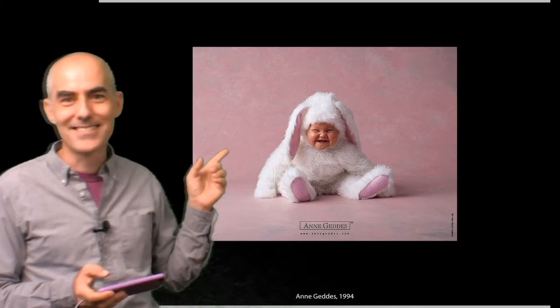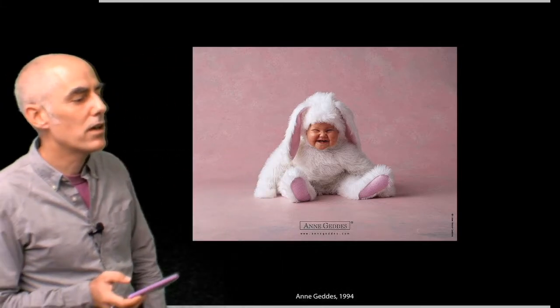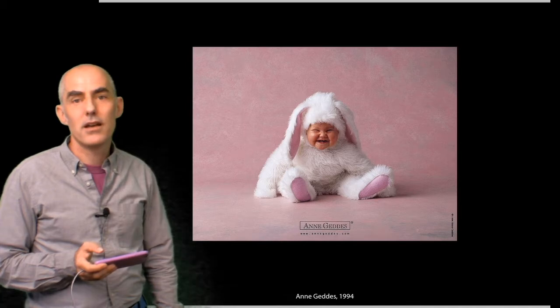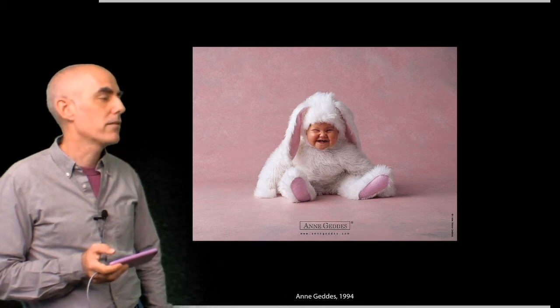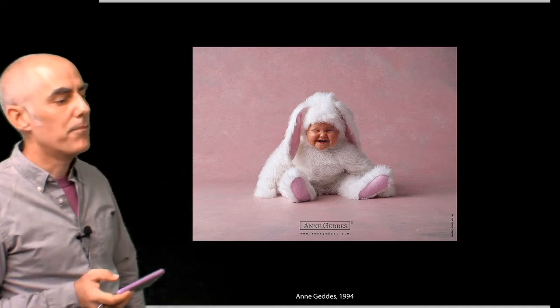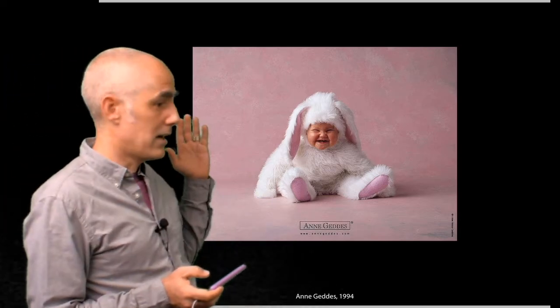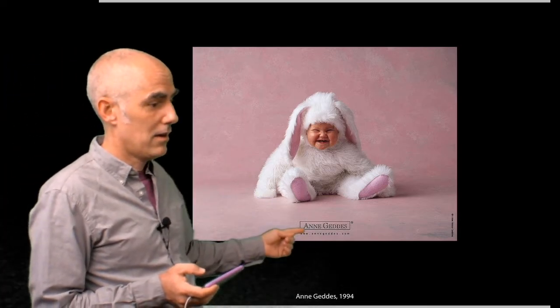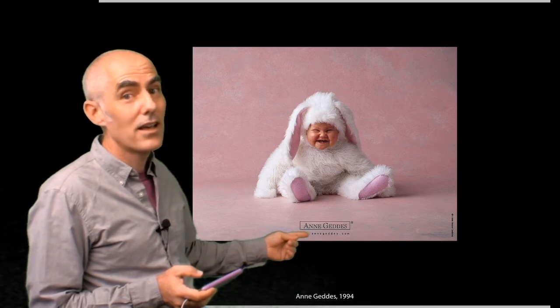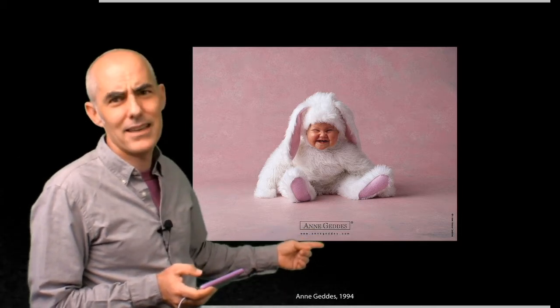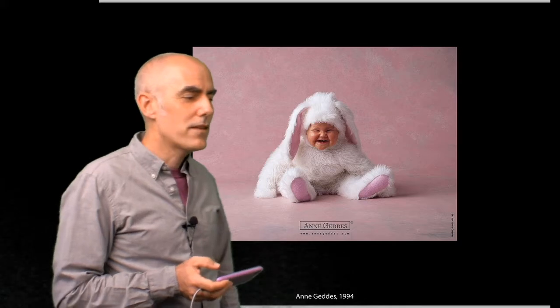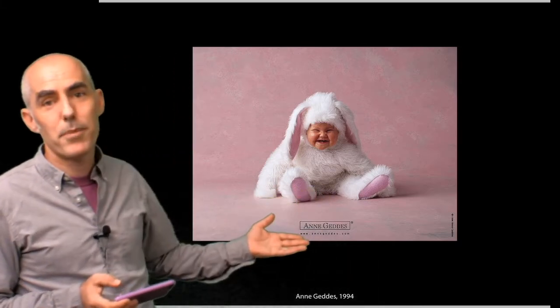Hey, bunnies. So another thing with composition that we can talk about, subjective stuff, is the quality of light. So this is a picture by Ann Geddes. If you don't know Ann Geddes, oh, you're lucky. This is a picture of a baby dressed up like a bunny, right?